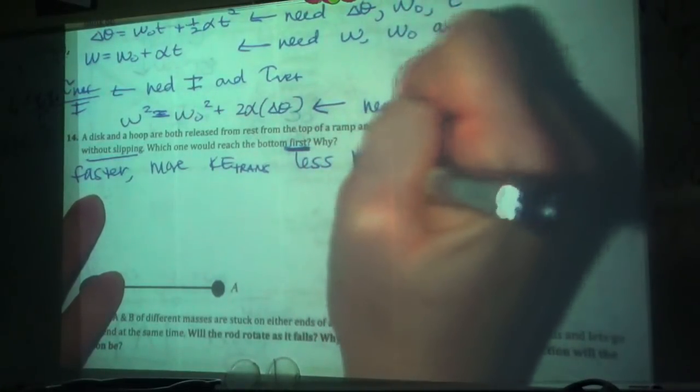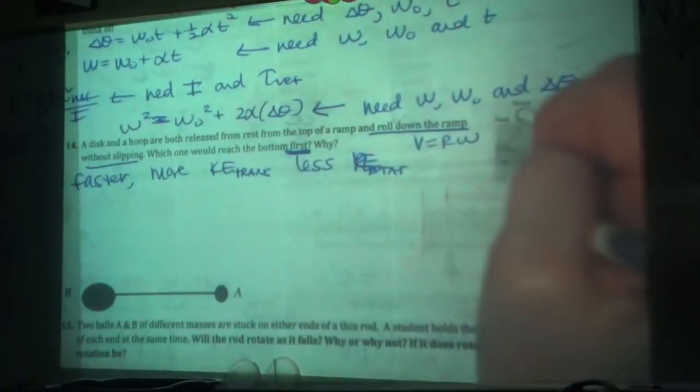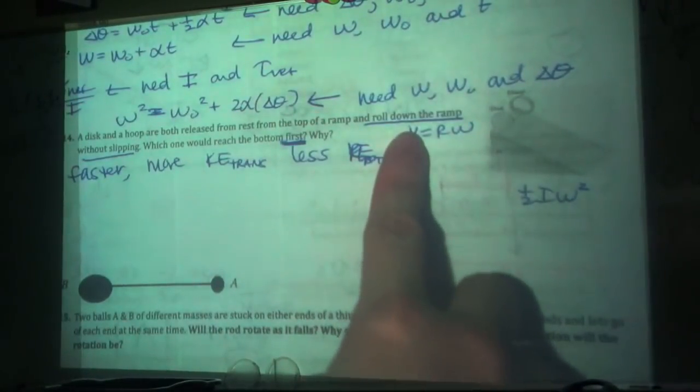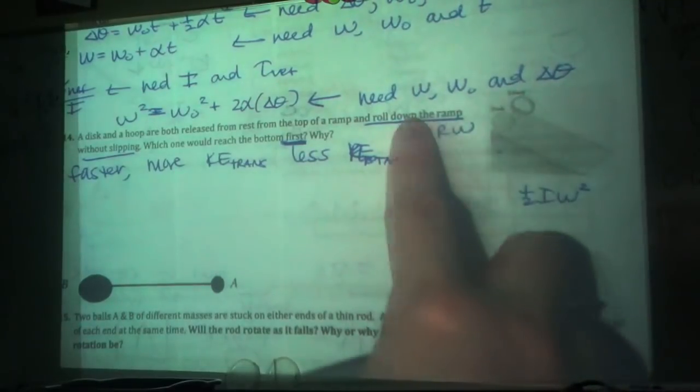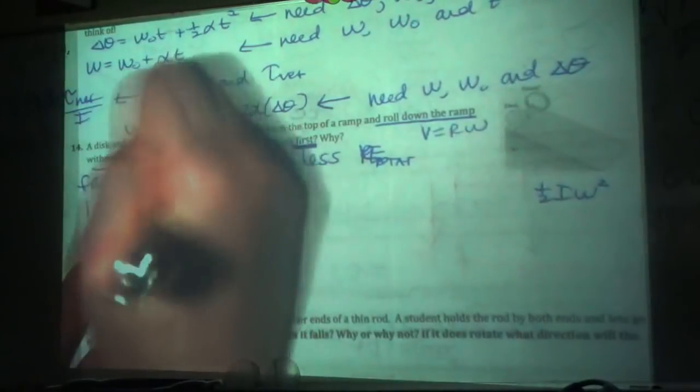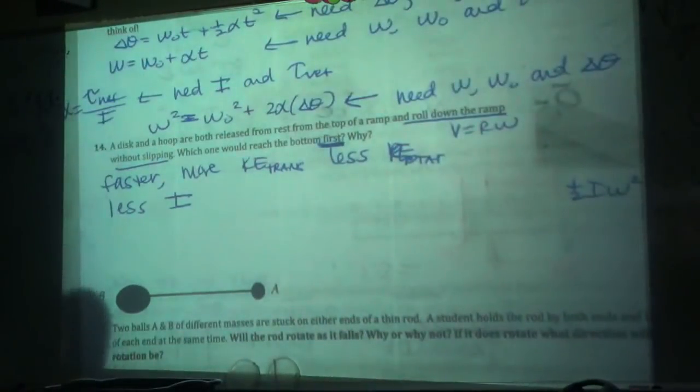That's K, rotational. Now rotational energy is the 1/2 I omega squared, and I know that the omega has some dependence on v, because this is determined by the omega. So the one that has less rotational energy is going to be the one that has less rotational inertia.